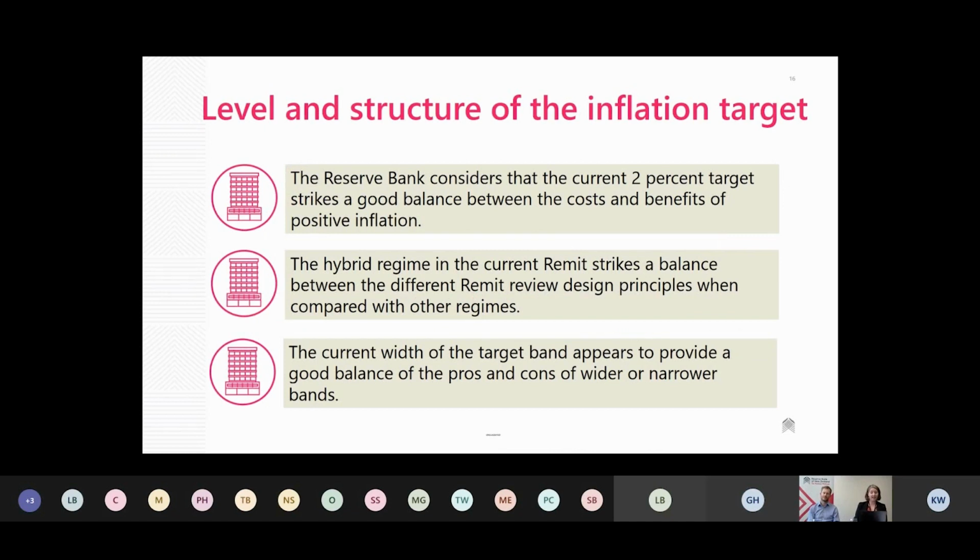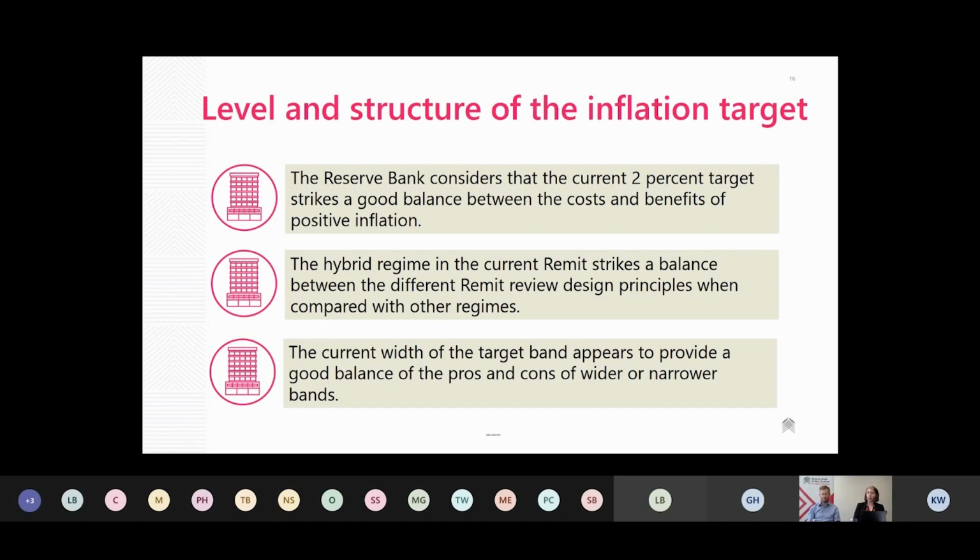On balance, we find the current 2% target with a band of 1 percentage point each side balances the costs and benefits of positive inflation well, and they help maintain monetary policy credibility and avoid some of the transitional impacts we might feel if we change the target, particularly because changing the level or the width of the band in the current economic conditions of high inflation could be seen as moving the goalposts.